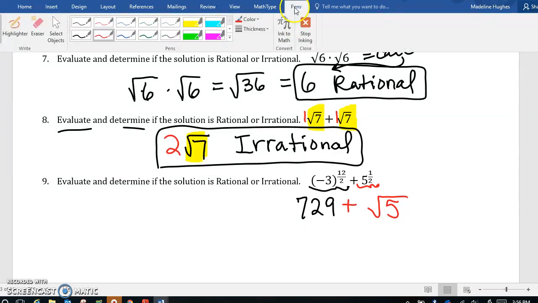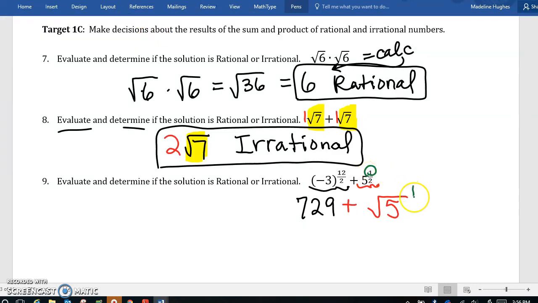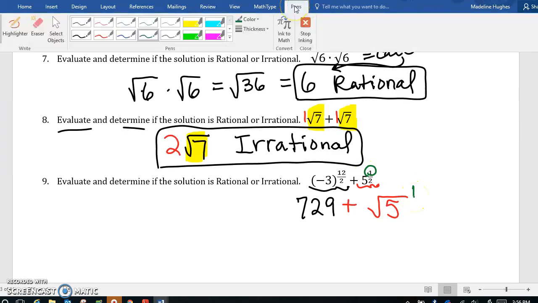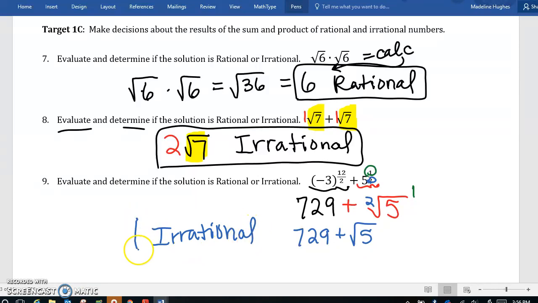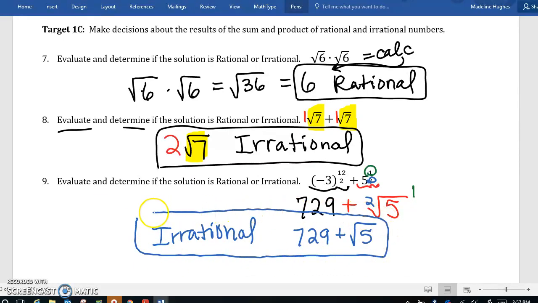The 1, the top, goes as our exponent, and the denominator 2 goes as the root. That's the same thing as 729 plus the square root of 5. Since there's a radical in there, this is irrational. So there are the two answers for that one.